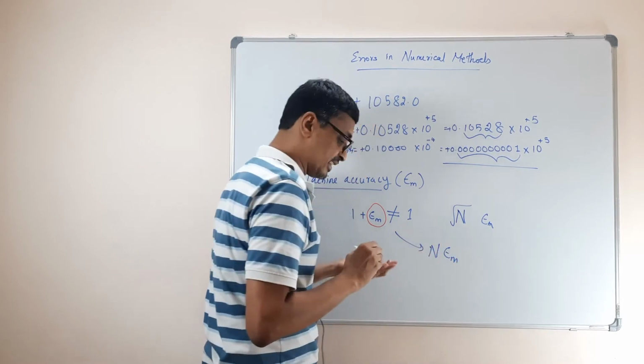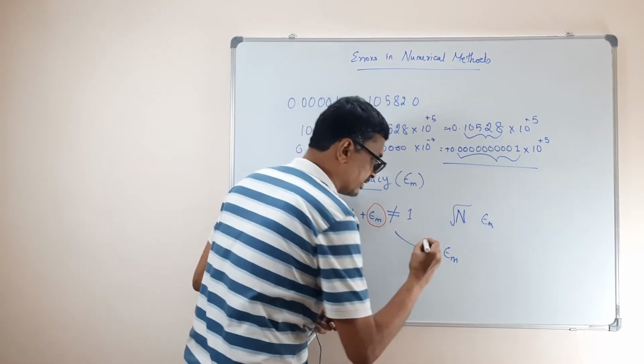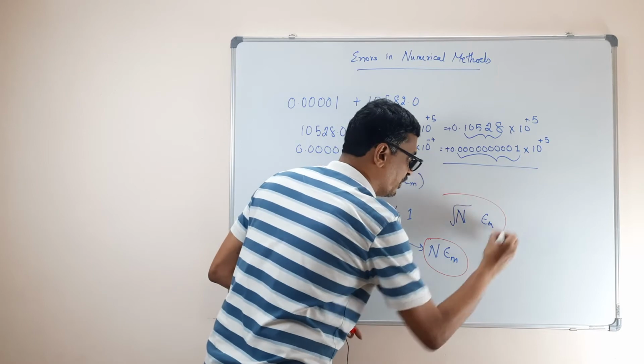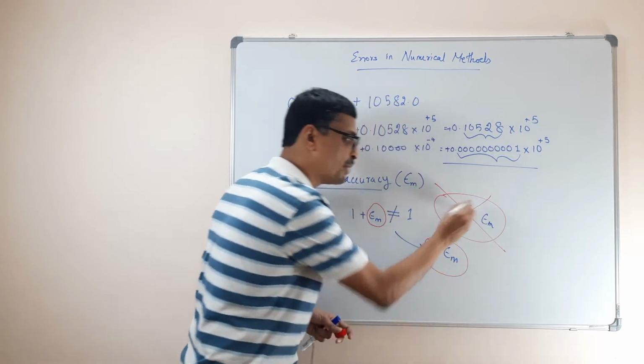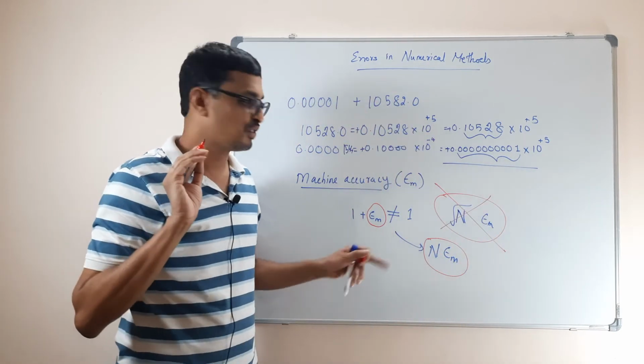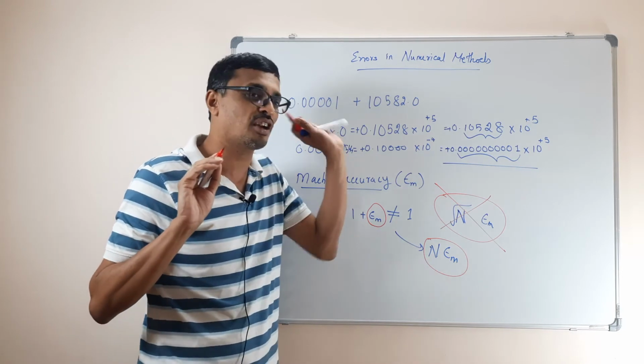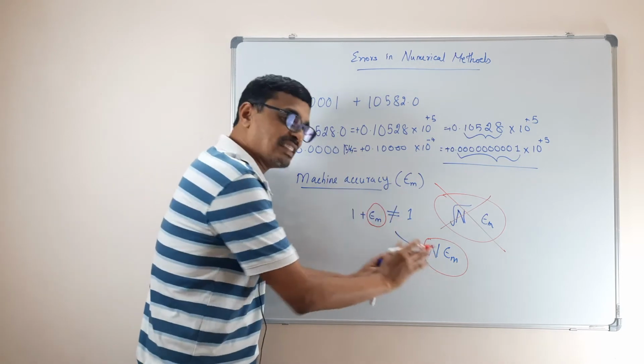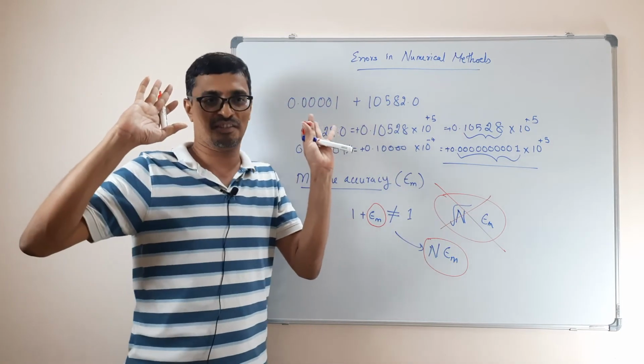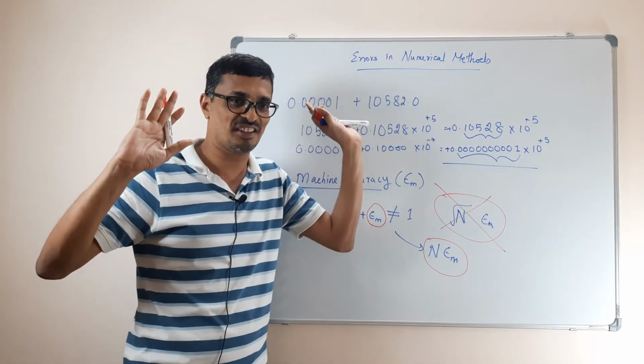In most cases this is what happens. If you are extremely lucky you will get the root n, but most of the time it won't happen. So you add up the error for n operations, n times epsilon m. You think this is the error you are going to get in your computation. This is your best case situation.